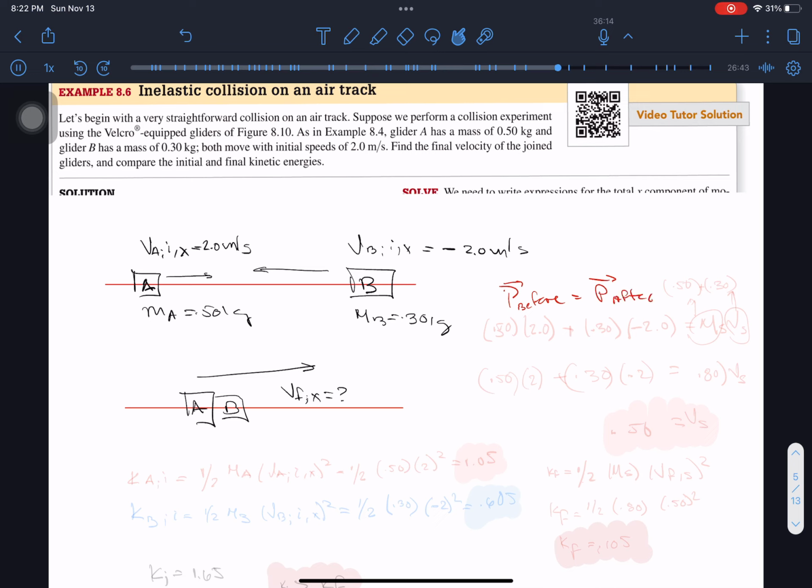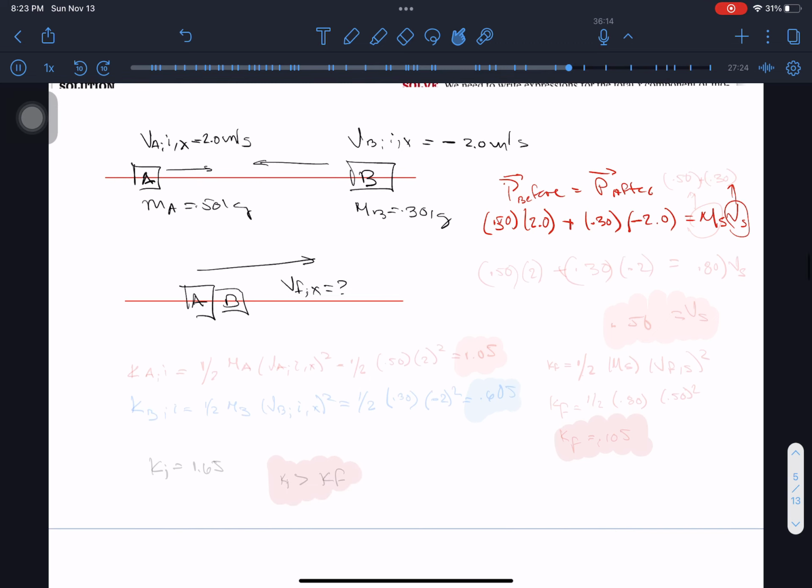The momentum before is equal to 0.50 times 2, which is glider A, plus the 0.30 from B times its velocity, which is minus 2.0. After, it is going to be the mass of the system times the velocity of the system, which we're supposed to find. And the mass of the system is going to be equal to 0.50 from A plus 0.30 from B.